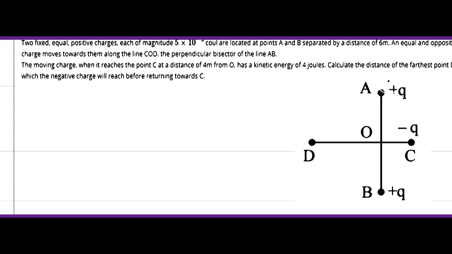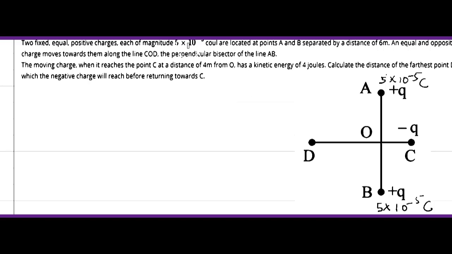Each plus q is equal to what? 5 into 10 raised to minus 5 coulomb. This as well is plus 5 into 10 raised to minus 5 coulombs. And what is next? An equal and opposite charge.